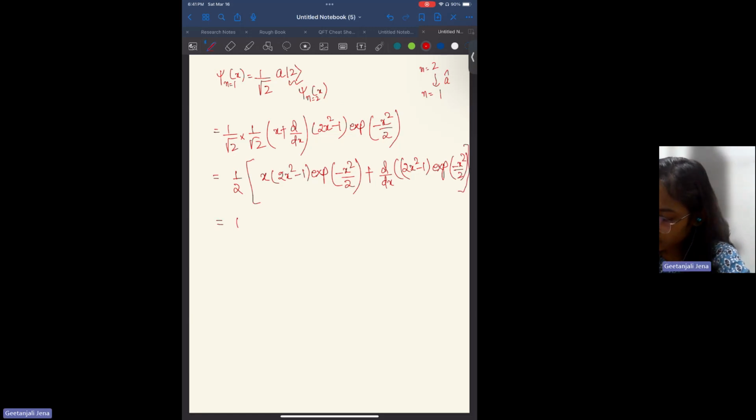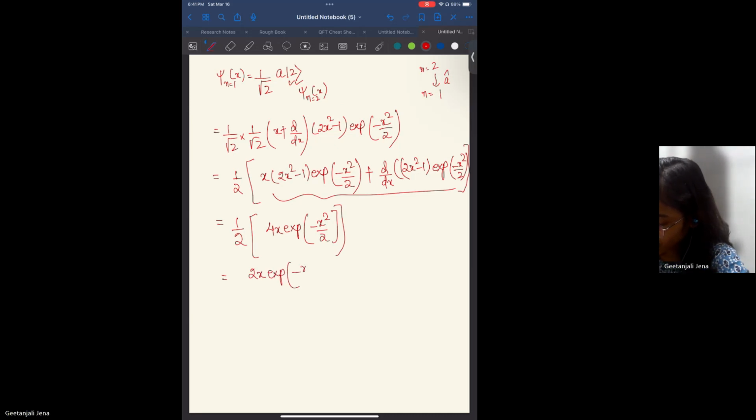So if you solve this total expression, you will get around 4x exponential minus x square by 2. So that means it will be 2x exponential minus x square by 2. So this is the expression for the state n equal to 1.